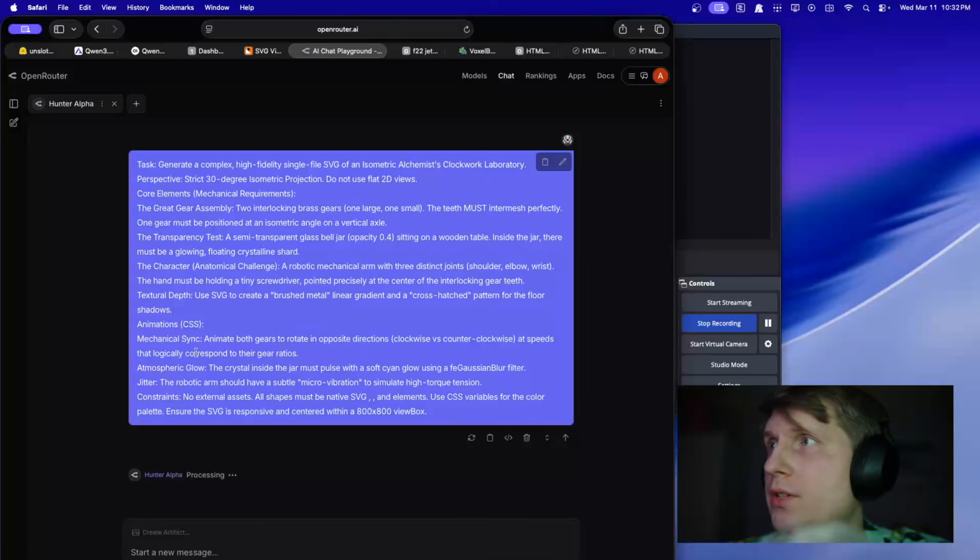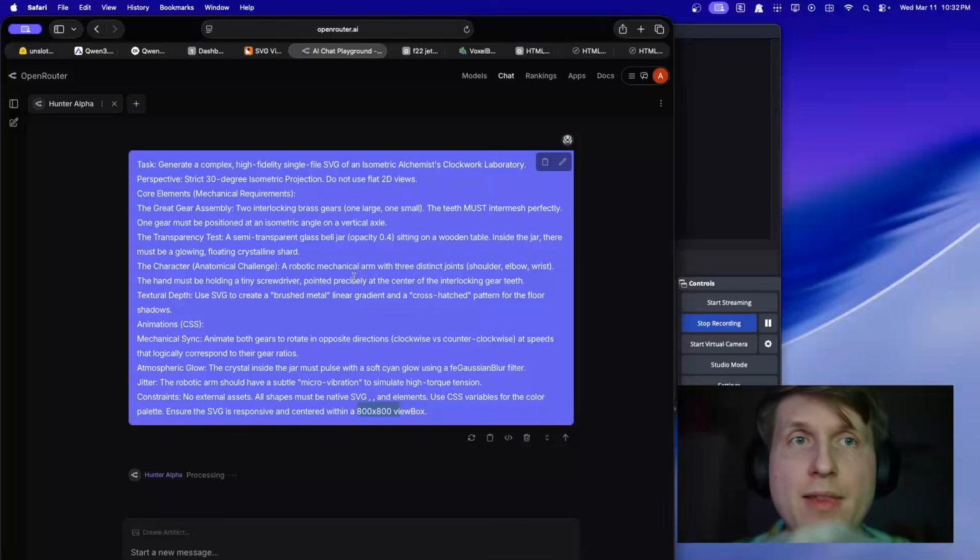And we're going to make sure that there's a specific gear ratio, and we locked it to a certain view box. Locking to a certain view box is a bit trickier for models because they have to reason in that view box rather than make up their own. So this is going to be quite a tricky prompt for it to try to overcome.